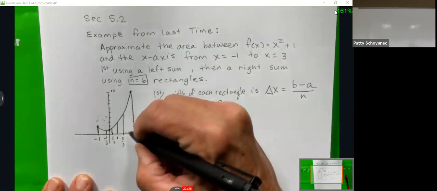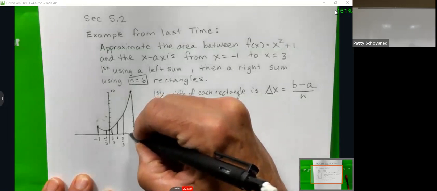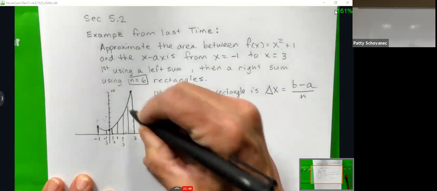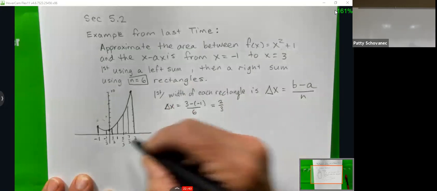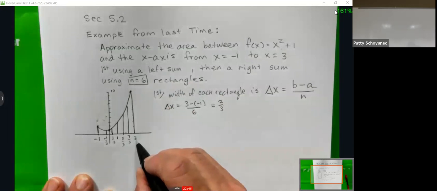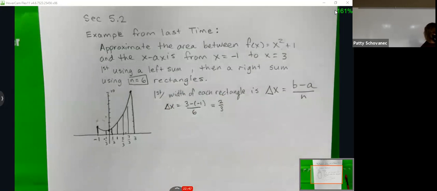Five-thirds plus 2/3 puts me at 7/3. And then 7/3 plus 2/3 gives me 9/3 or 3. So there are my 6 rectangles: 1, 2, 3, 4, 5, 6. And hopefully they look about the same width. Or close enough for me.